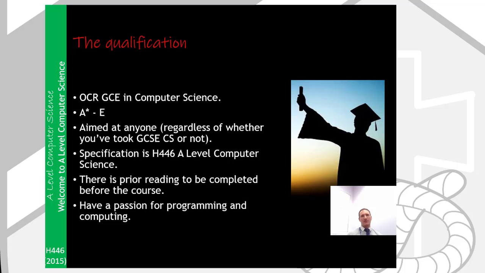One thing I will say though is, before making this decision, please make sure you've got a passion for programming and computing. You should have a passion for everything to do with computer science rather than just one particular thing. Computer science is a jack of all trades, master of none.